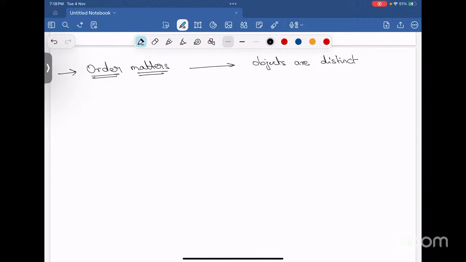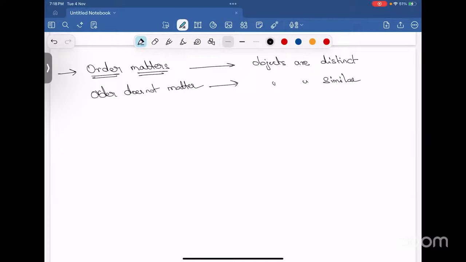Order doesn't matter if the objects are similar. So this is with respect to order.